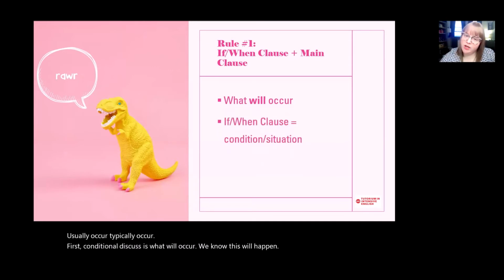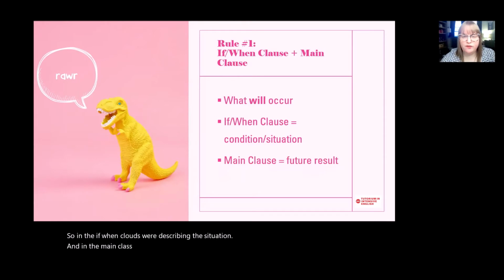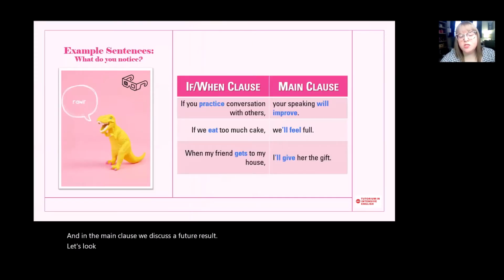So in the if-when clause, we're describing the situation. And in the main clause, we discuss a future result. Let's look at that again. So if you practice conversation with others, that's the condition. The future result is your speaking will improve. We know that that will happen.